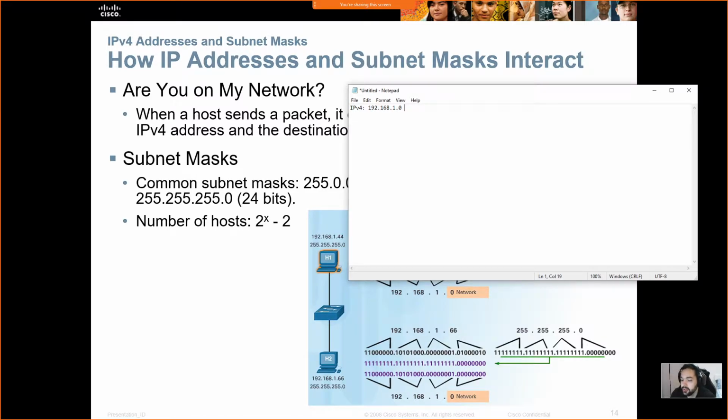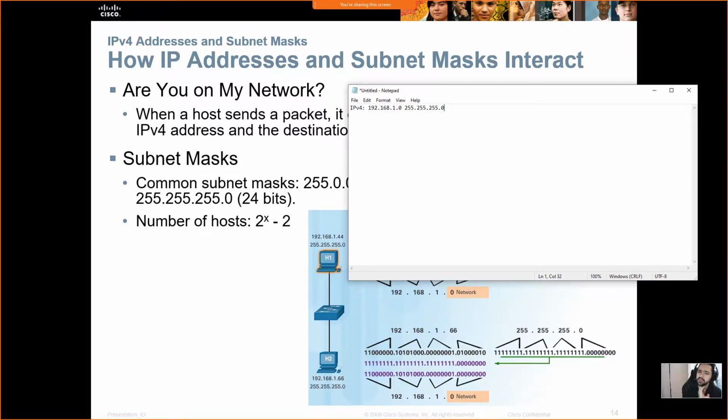This IPv4 address has a subnet mask associated with it, and the subnet mask that is associated with this IP address is the /24, or 255.255.255.0. So let's recap what we did in the Cisco Packet Tracer lab, because that's important for you to understand this a little better. In the lab, we didn't worry about the subnet mask because if you hit the tab button on your keyboard, it would be automatically filled in by Cisco Packet Tracer.